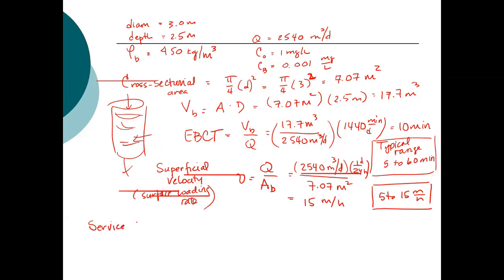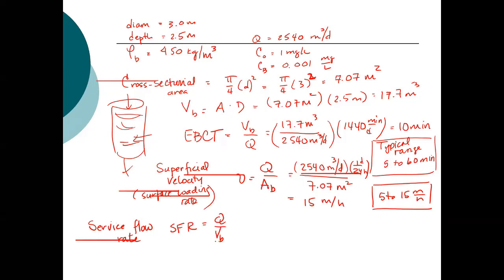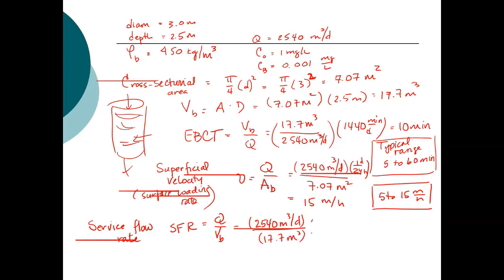The service flow rate, denoted as SFR, is Q divided by the volume, and that is our flow rate divided by the volume in the reactor. And again, typically this is in hours, and that is 6 meters cubed per hour per meter cubed.